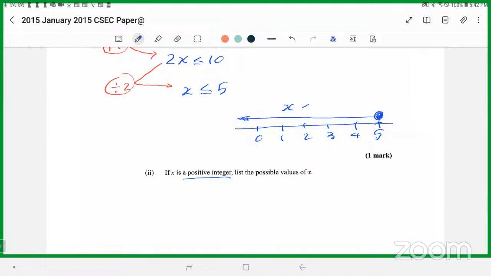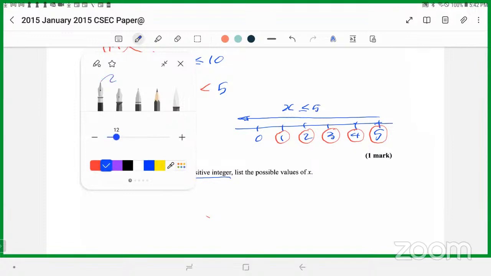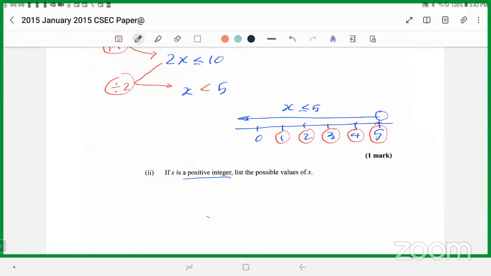That is x less than or equal to 5, and that's a number line for x less than or equal to 5. If you want the positive integers to be 1, 2, 3, 4, and 5, you have to include the 5. If this was a less than sign alone, then you would not include the 5, and you would have placed an unshaded circle on the 5 like that. All right, but this time the 5 is included.